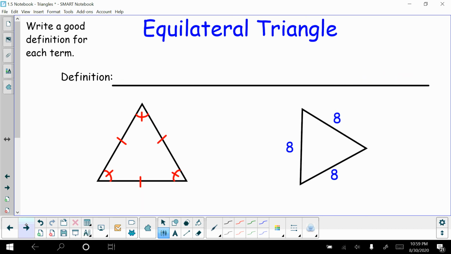Next type of triangle is equilateral triangle. And you'll notice equilateral, you learned before, means all sides congruent. So this is pretty obvious. Now there's a unique thing about the triangle when it's equilateral. When it's equilateral, it is forcing all the angles to be congruent.